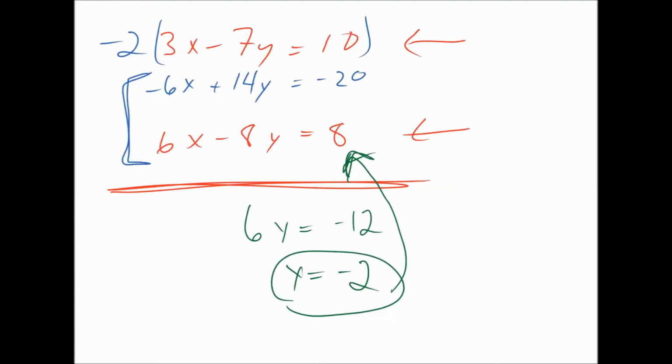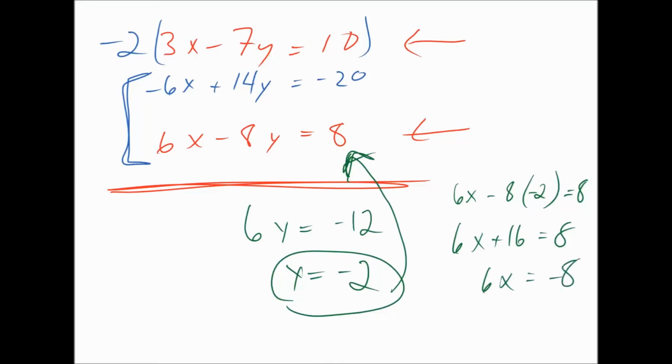So we have 6x minus 8 times -2 equals 8. 6x plus 16 equals 8. And we get x is equal to -4/3. So the coordinate pair, the place where these lines intersect, is -4/3, -2.